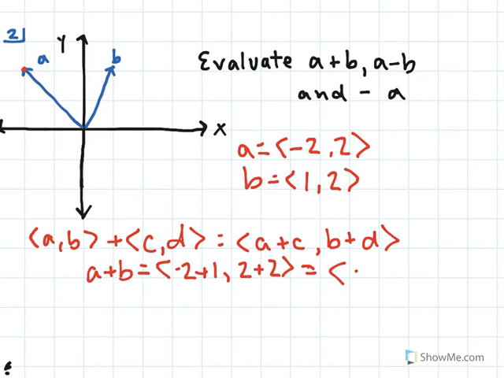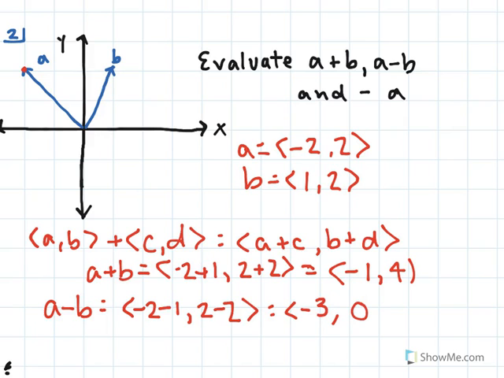So we would have <-1, 4> as our sum of A plus B. For A minus B, we would do -2 minus 1 and 2 minus 2, which would just be equal to <-3, 0>. And then negative A would be equal to -1 times A. So that would be equal to <2, -2>.